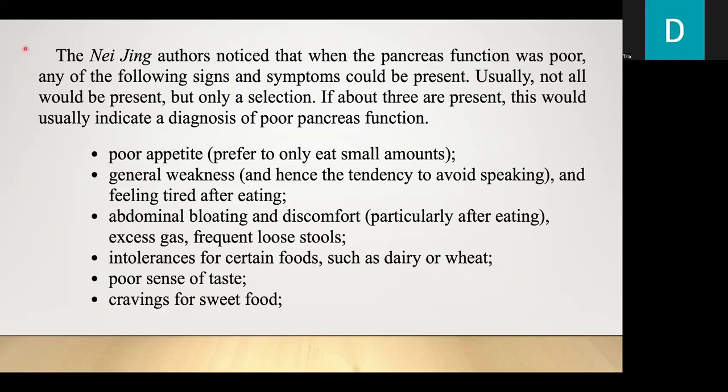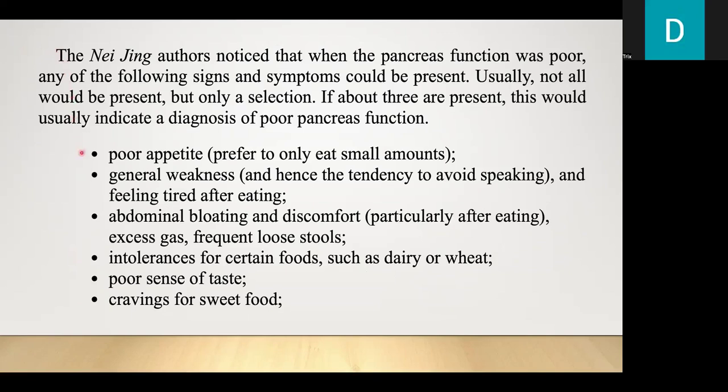The Neijing authors noticed that when the pancreas function was poor, any of the following signs and symptoms could be present. Usually, not all would be present, but only a selection. If about three are present, this would usually indicate a diagnosis of poor pancreas function.